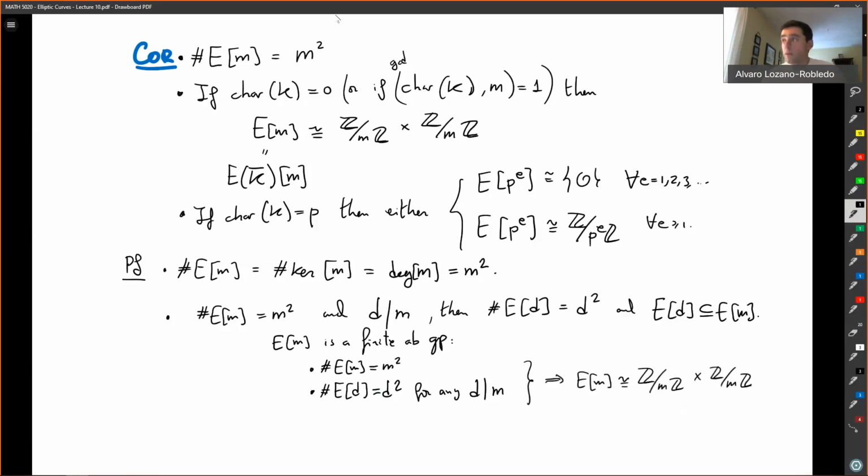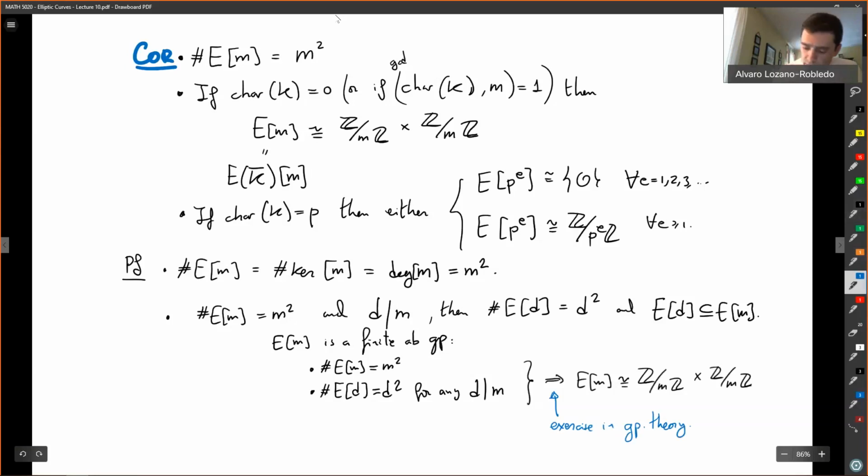Okay, and the reason for that is that you can compute, for example, what is a primary component. So you can do it p by p and powers of p by powers of p, and to prove that is sort of like an exercise in finite abelian group theory. So in group theory, for example, what happens if p is prime?